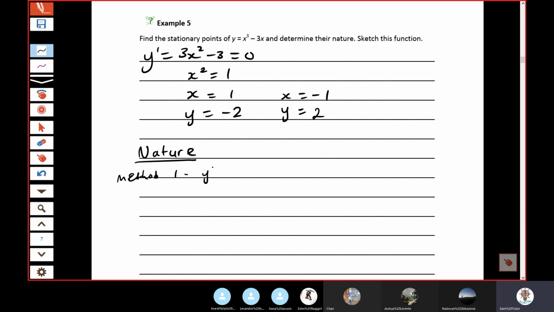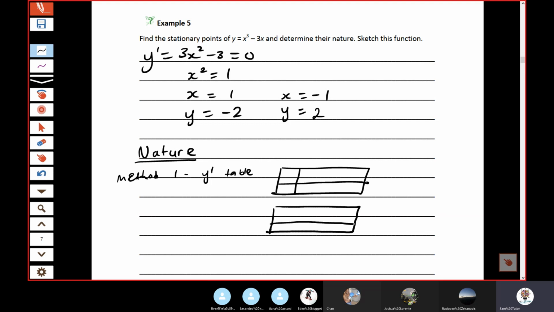Method 1, the y dash table. All that means is you will have negative 1 and 2. At the y dash table, you choose one number before, one number after.